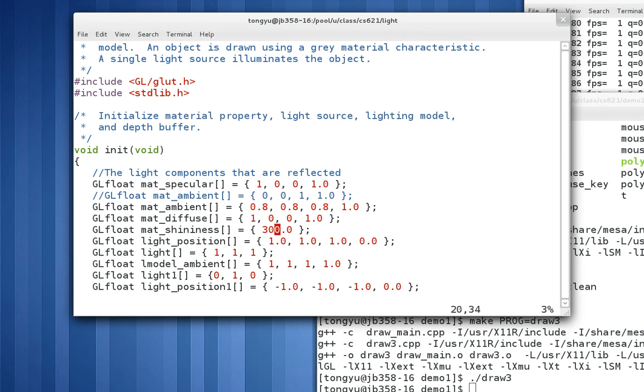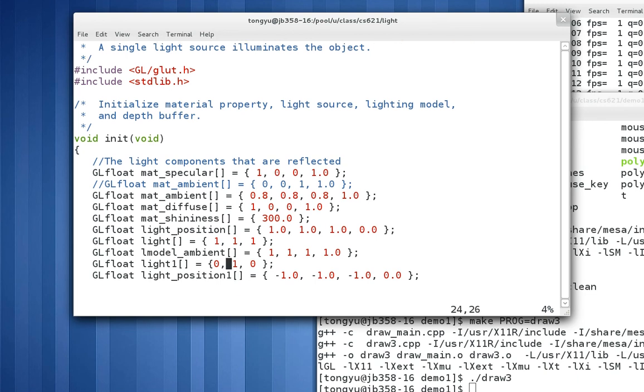So the shininess, the strength of the light, is 300, and the light position is at 1,1,1, so the upper right corner, and the fourth component is 0, that means it's directional light, and this is the light intensity. So it's red, green, blue, that means white light as all these components.